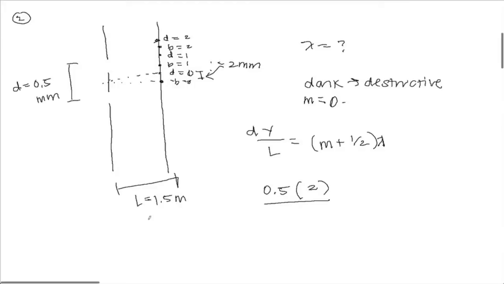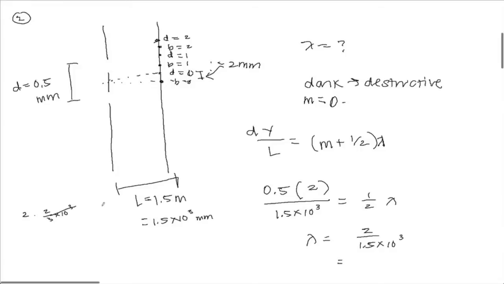Millimeters in your meters, so that's... sorry, I'm trying to do the math in my head. 1.5 is 3 halves.